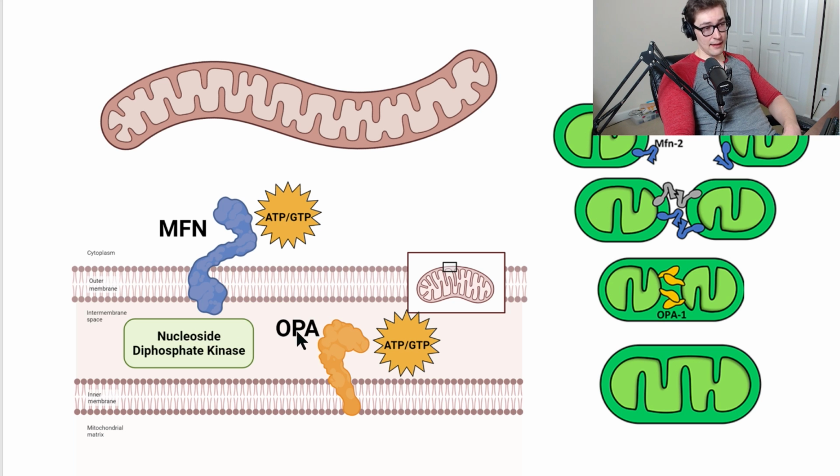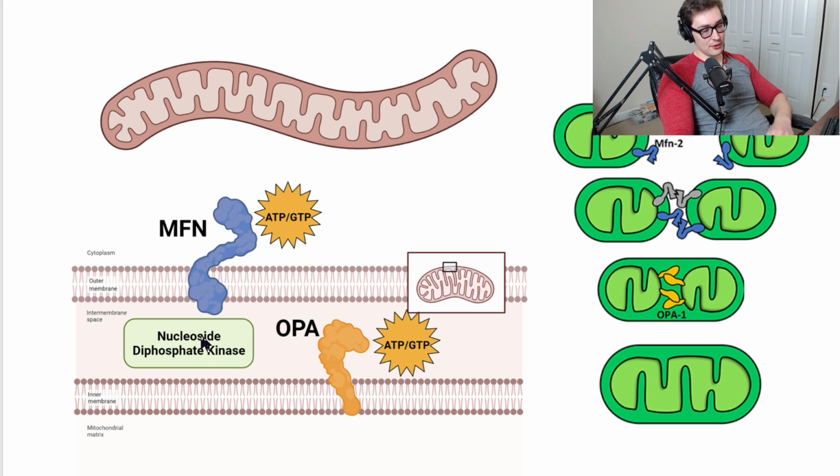And then that allows for more GTP to be present. So you can assume that if you have higher ATP levels, you likely have higher GTP levels as well, assuming that this enzyme is plentiful enough.